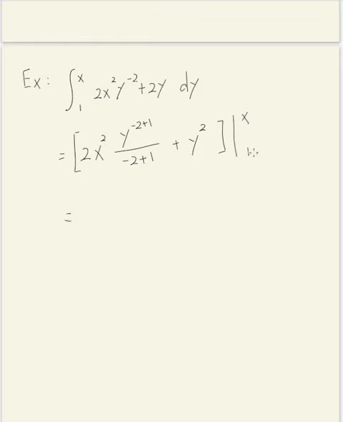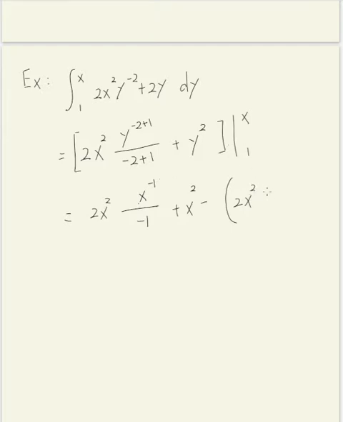Alright, and then let's plug 1 and x into y. When y equals x, you get 2x squared times x to the minus 1 divided by minus 1, and then plus x squared. Minus, plug 1 into y, we get 2x squared. Oh, sorry, that's not y to the minus 1. That's x to the minus 1.